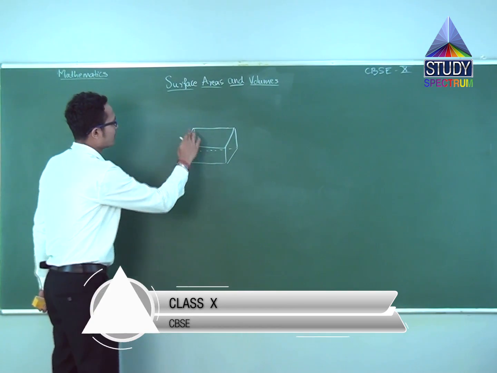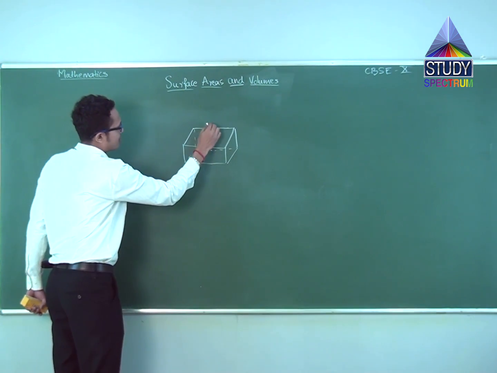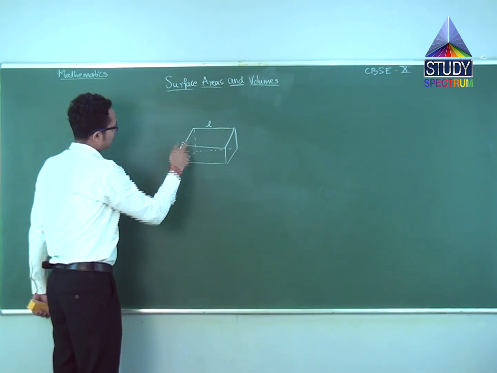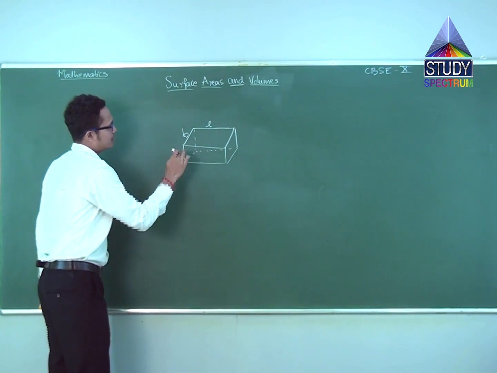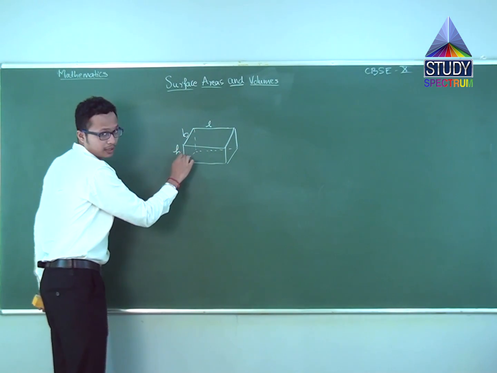Let's say this edge has length L, this breadth has length B, and this has height H.